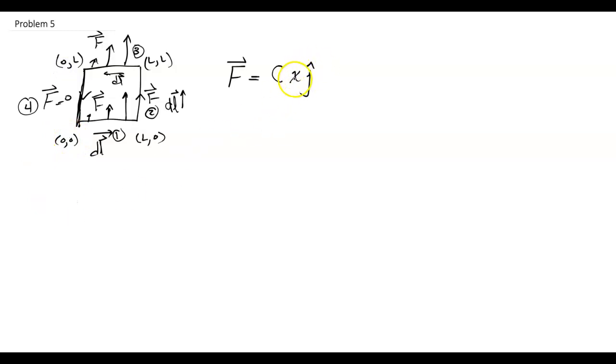And because there's a dependence on the x value for the forces, you notice that F4, if the x value for the entire length is 0, then F4 is 0 for the entire length, which means it doesn't contribute any work.